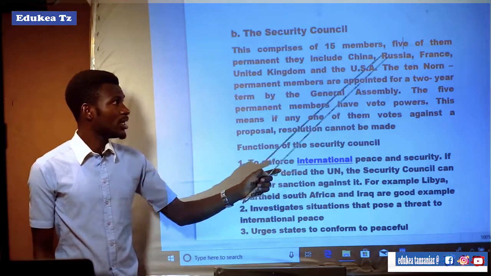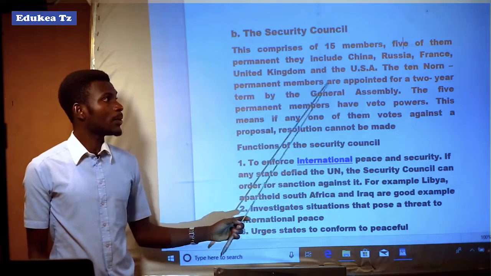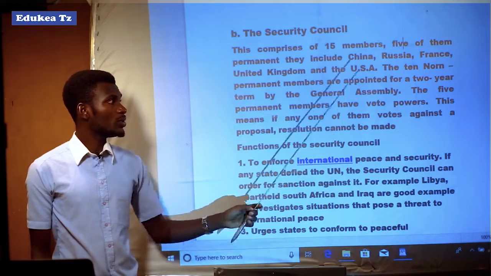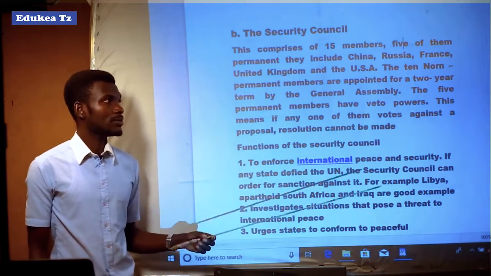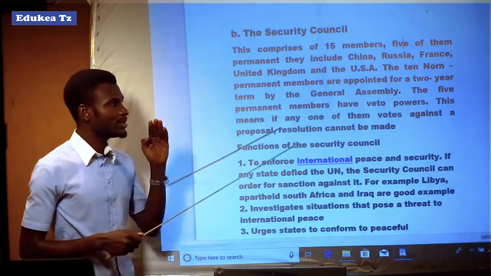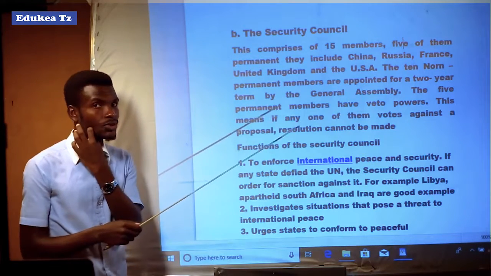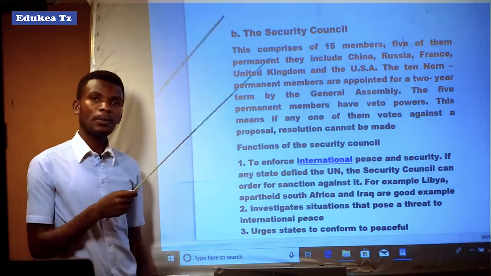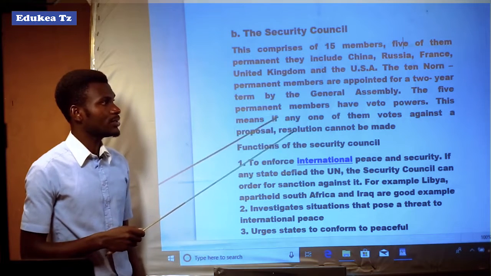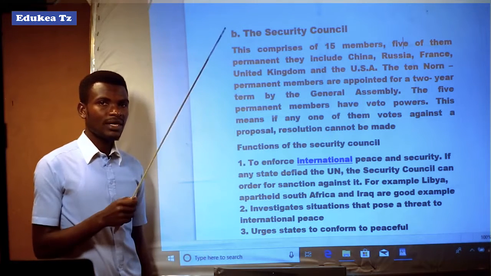The 10 non-permanent members are appointed for a 2-year term by the General Assembly. It means that the other 10 countries of the Security Council are elected after a 2-year term by the General Assembly.